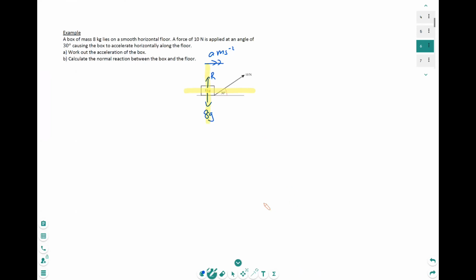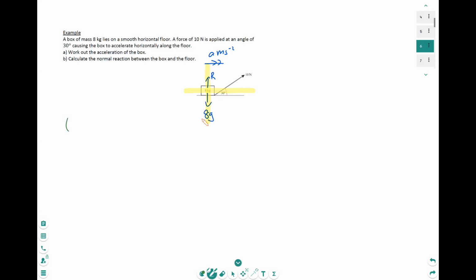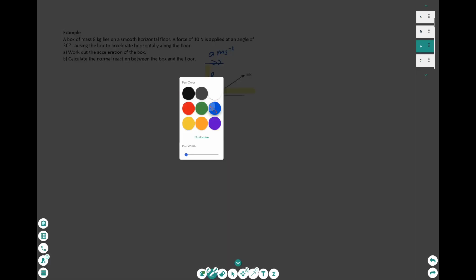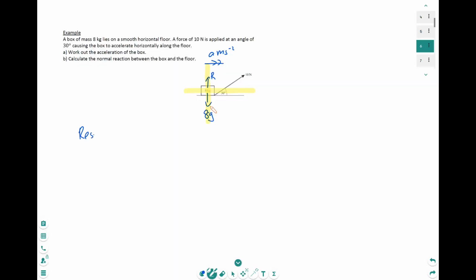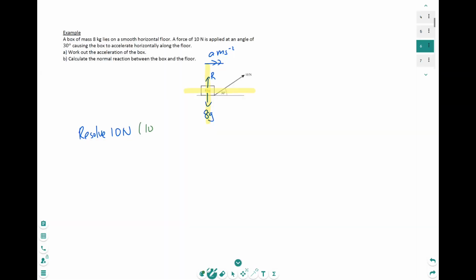Now what you can see in here is the 10 Newton is diagonal. So I'm going to write your notes in here, using a different color. When you resolve, first step, when you resolve 10 Newton, why do we need to resolve it? The reason being is that 10 Newton is diagonal.